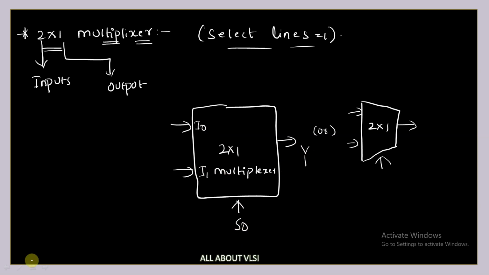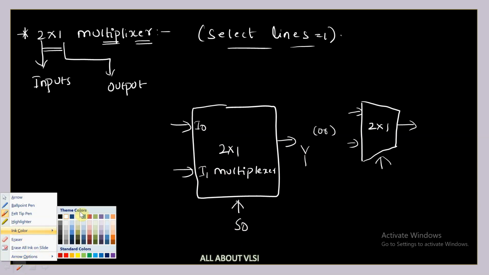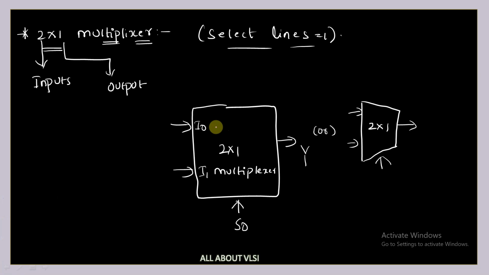That is, it is going to select your first input pin to your output Y if your select line is equal to 0. And if your select line is equal to 1, I1 will be selected to the output. Depending upon the value of S0, it is decided which input value will be driven to the output.